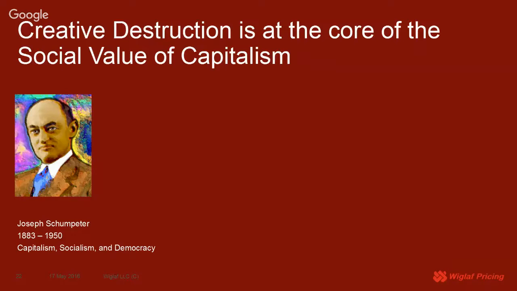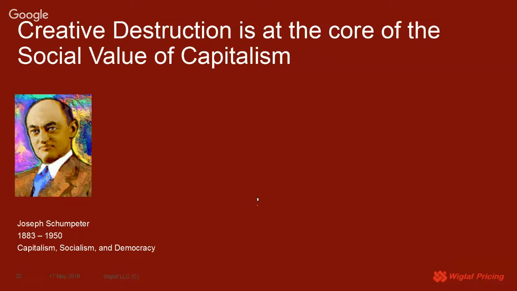Creative destruction, it happens. It's at the core of the social value of capitalism. Now, this concept of creative destruction long predates Clayton Christensen. It comes out of Schumpeter, an Austrian economist.